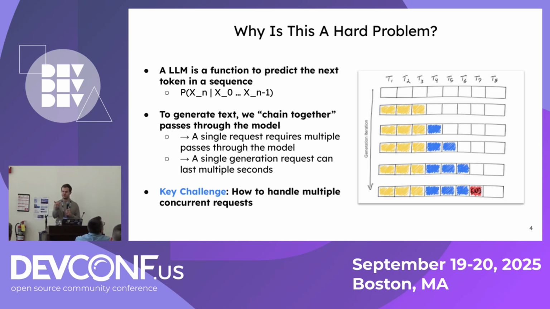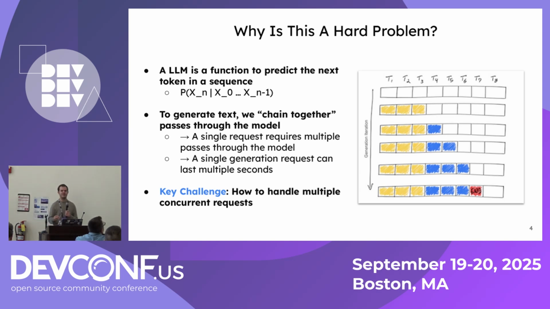Then given that sequence of 4 tokens, we pass that to the model again to generate the 5th token, "the quick brown fox jumped", and so on and so forth. This is what's called an auto-regressive model, where we continuously chain calls to the model over and over again to generate 1 token at a time.